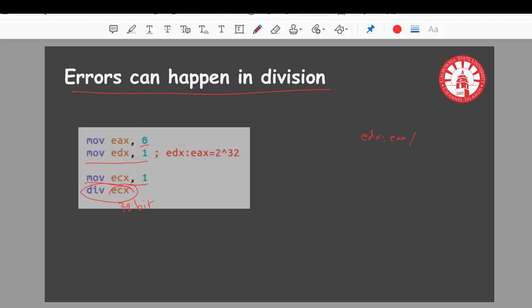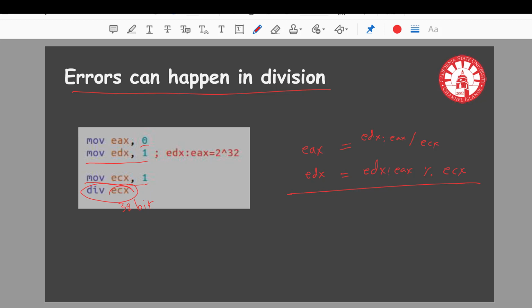And this is going to be divided by ECX register, and the quotient is going to be stored in EAX register, and the remainder is going to be stored in EDX register. So this is what we have in the previous slide.